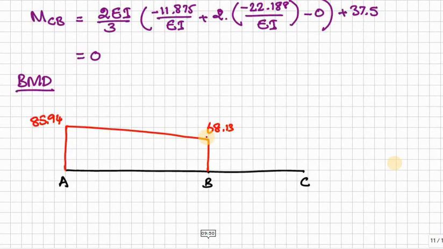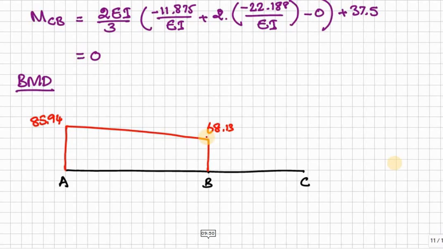Therefore the left hand side moment is anti-clockwise, that is negative, so we specify that point above the AB line, and the right side moment, that is MBA, is positive. Therefore, we specify that point above the line. So now join these 2 points, then we will get the support moment over the AB span.